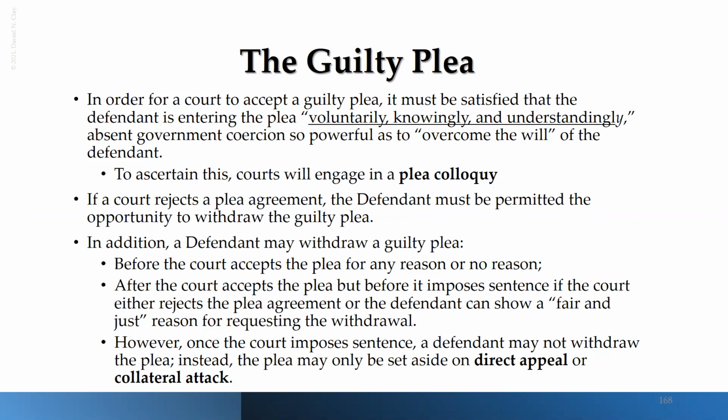They can't just withdraw their guilty plea. Even if new evidence comes forward and DNA evidence shows that this person did not commit the crime, they still cannot withdraw their guilty plea. They have to engage in a collateral attack where they say, look, even though I pled guilty, I'm actually not guilty.